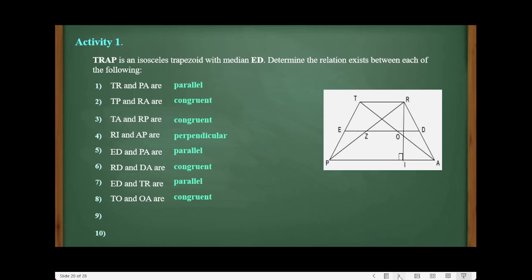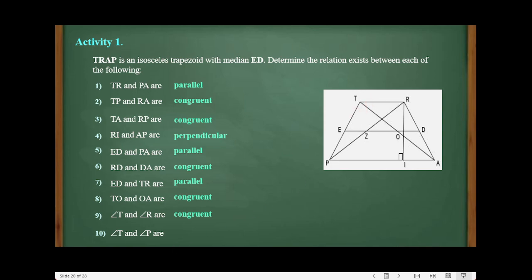Next, number 9, angle T and angle R are what? Congruent. Okay? So they are what? Base angles. And we know that in an isosceles trapezoid, base angles are equal in measure or congruent. I think this is the last item, number 10. We have another pair of angles. Where are these two angles?